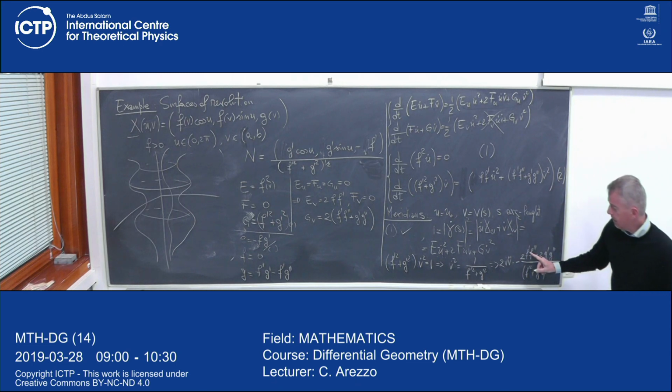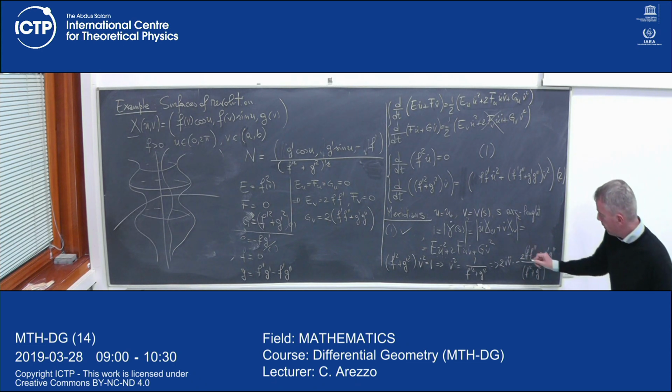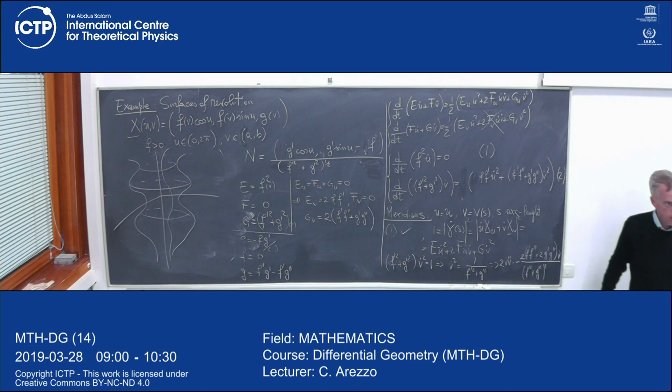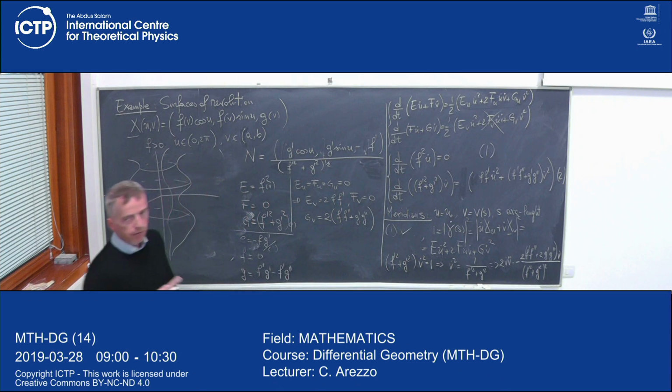But these are the derivatives with respect to v, so I hope I'm not confusing you. The dots are the derivative with respect to s, and these primes are derivative with respect to v. So here I'm actually using the chain rule. v is the parameter that I used to do all these computations, and now I'm thinking of v as a function of s.